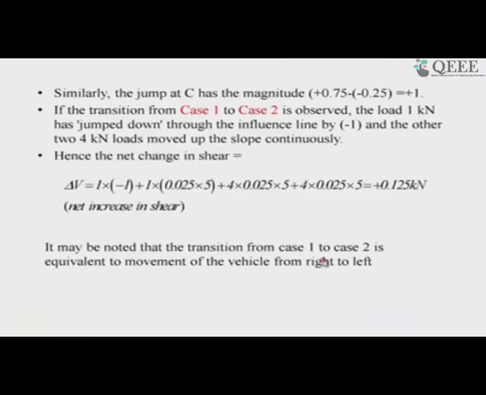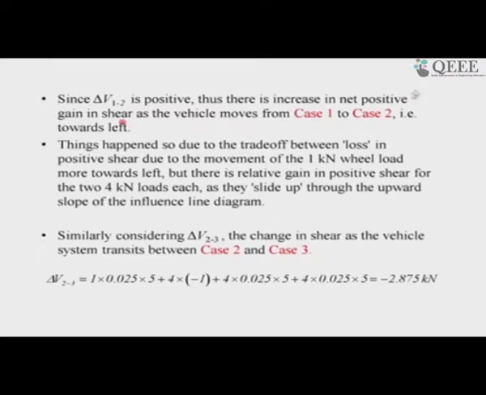So, this is what is happening to the positive changes, and then we will have this delta V. Similarly, the delta V23 can also be computed from case 2 and case 3. In this case you have a jump down for the 4 kilonewton load, which is accounted for by this 4 into minus 1, the loss in shear.